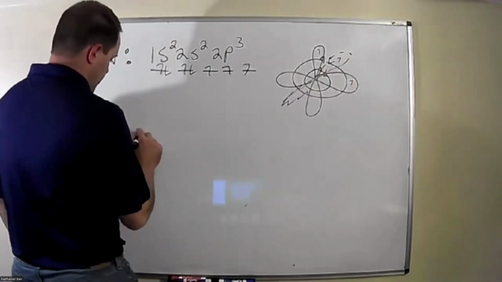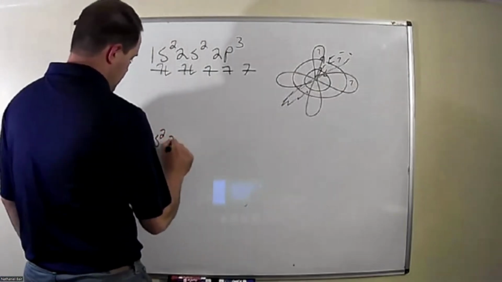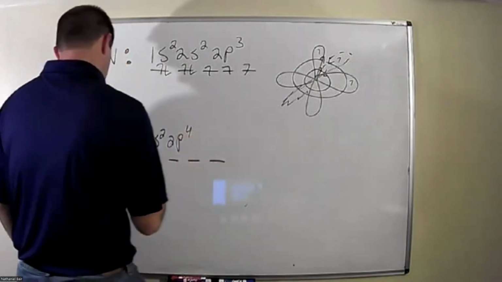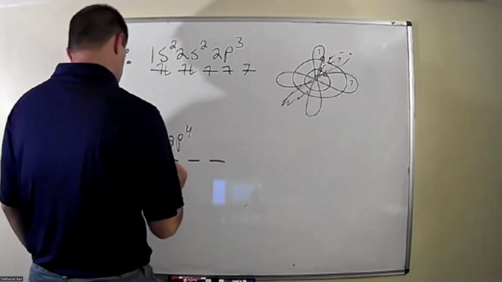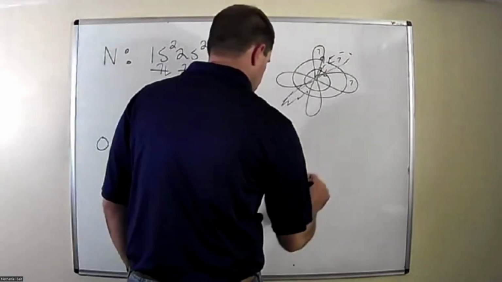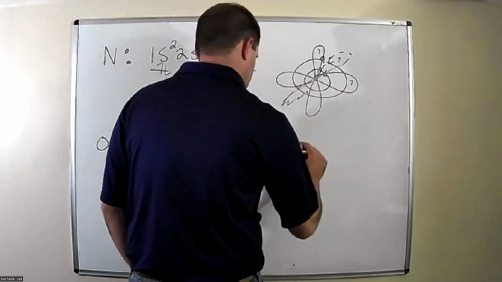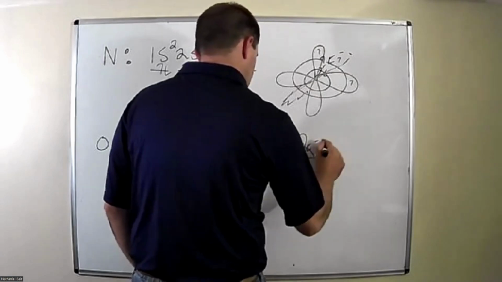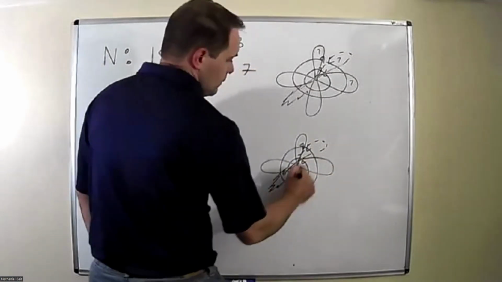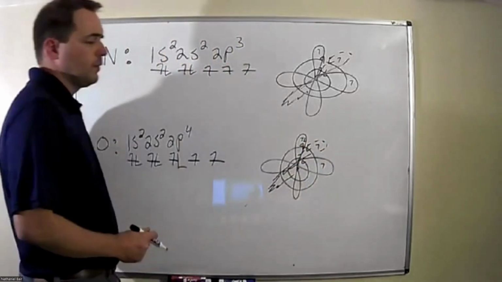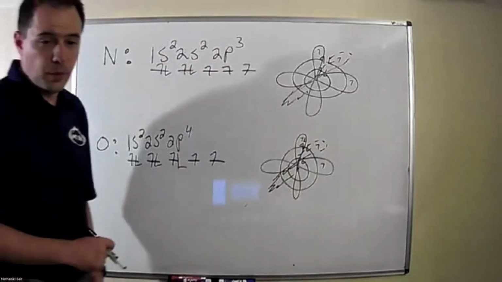Oxygen, 1s2, 2s2, 2p4. One, two, three, four. All right, what is going on here?